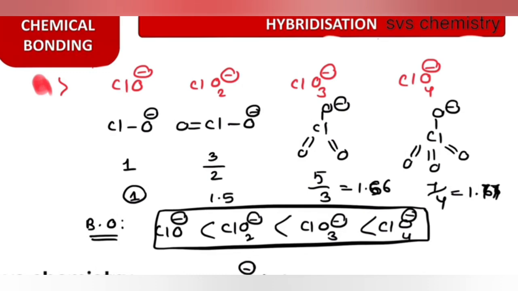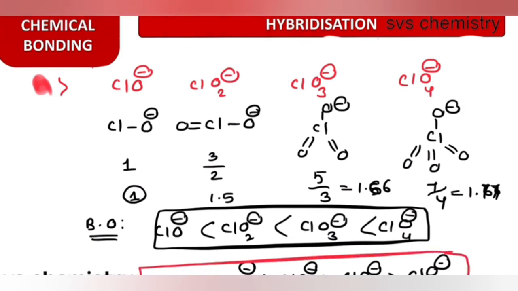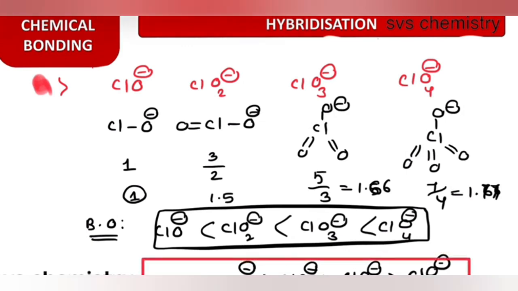So the bond length order runs ClO minus, ClO2 minus, chlorate, and perchlorate ion, which is very, very important. The reason is that bond length is inversely proportional to bond order.